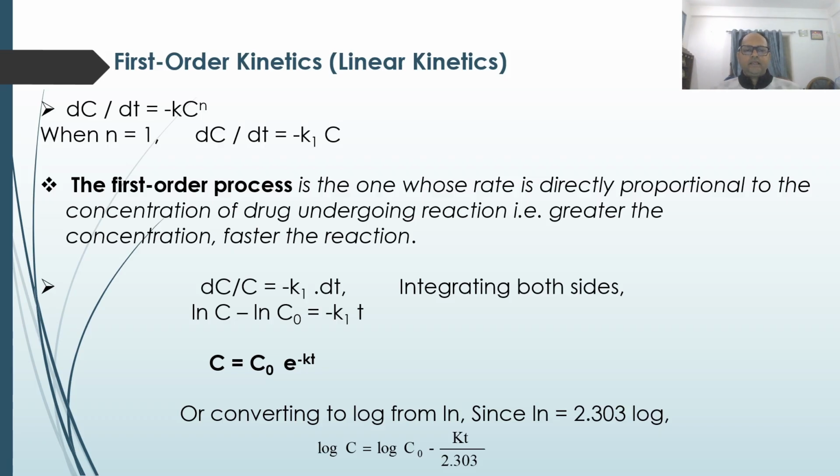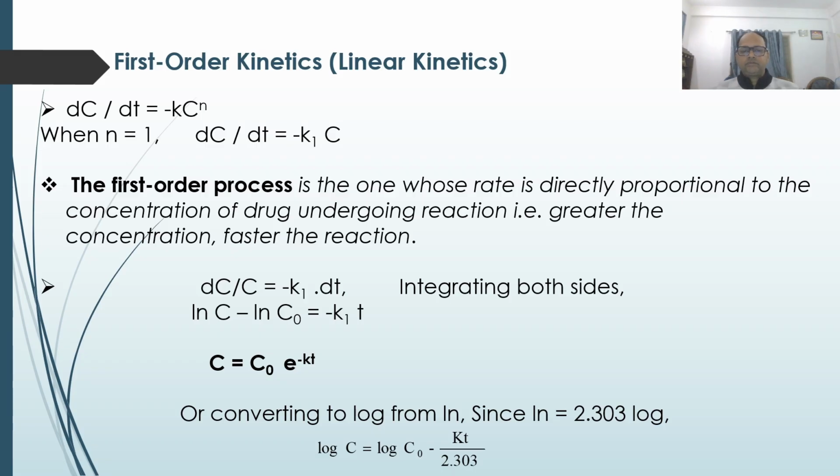Then dC by dt is equal to minus k1 C. By integrating both sides and converting into natural logarithmic form, the equation will be ln C minus ln C0 is equal to minus k1 t.